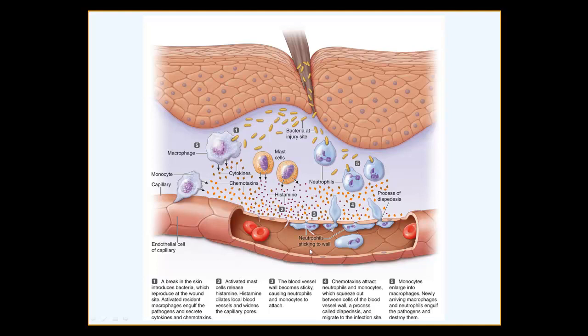And when you do that, two things will happen. The pores in the capillaries will get bigger, but also the capillaries will start to produce a protein called cell adhesion molecule.